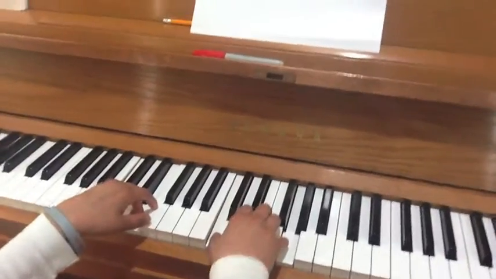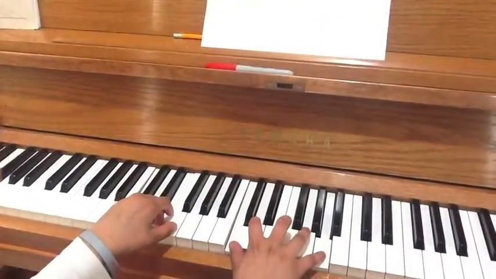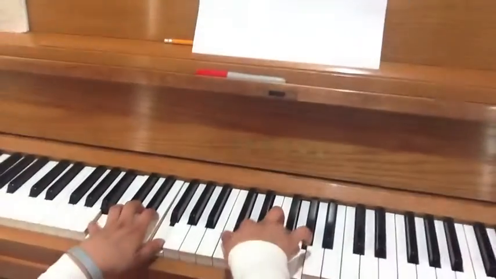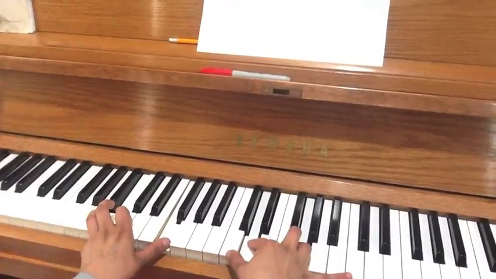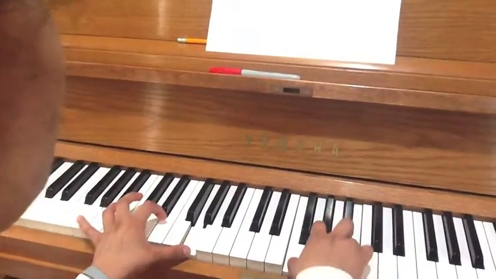Then we have the 6 chord in first inversion. Then we have the 5, 6, 5 chord. Alright, now we have the 4, 6. We're going to go over to the 1, 6, 4 chord. Here's the 5, 7 with the omitted 5th. And back to the 1 chord.